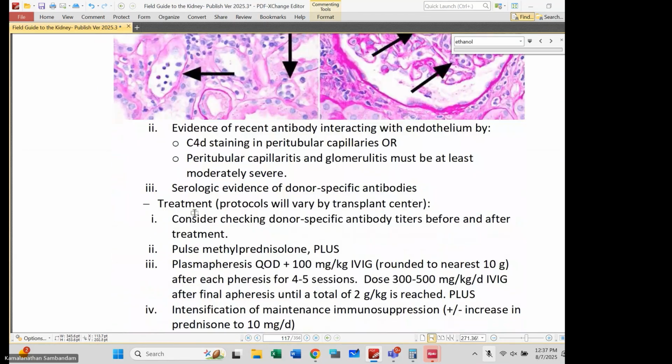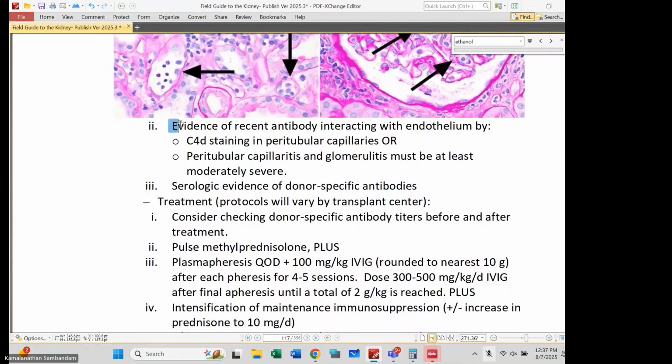Okay. And then you need evidence of antibody interacting with endothelium. Okay. Which includes C4D staining in peritubular capillaries. That's the most common thing that we're going to see. If I have severe PTC or glomerulitis, we say that's sufficient as well.